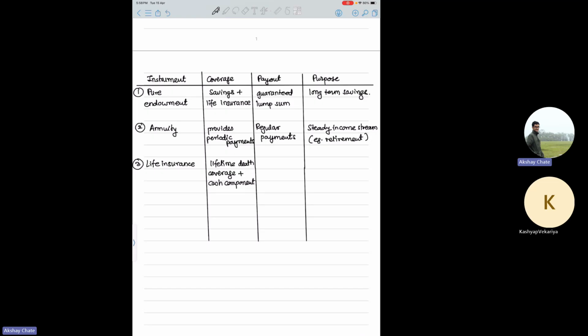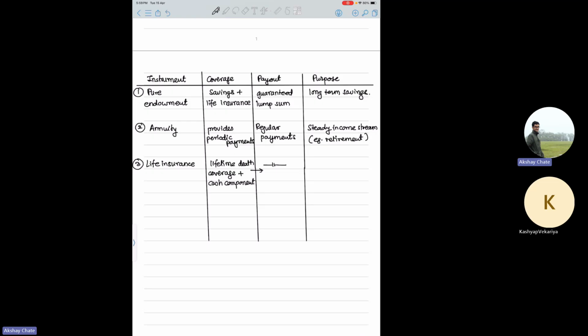Okay, and what is the payout here? First of all, if it has a cash component you will get a certain lump sum cash, but the main payout here is death coverage. If a cash component is there, you'll get something. Okay.